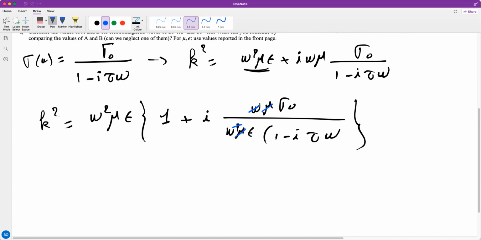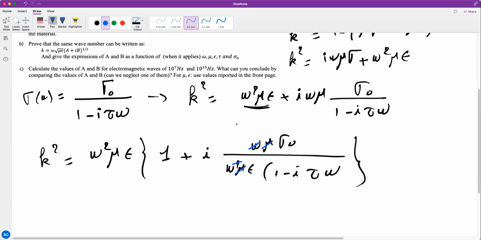Professor, can you repeat the step where we got 1 plus I omega mu, on the right side of the equation? So what I did, I put this in common. If I put this in common, I will get 1 here, and I divided by the same quantity here. So it's like when you put it in the same denominator, we took a common factor for the equation. You are asking me how I went from here to here?